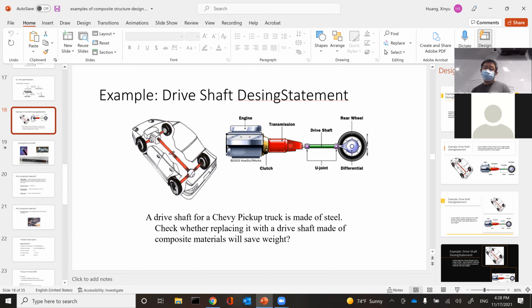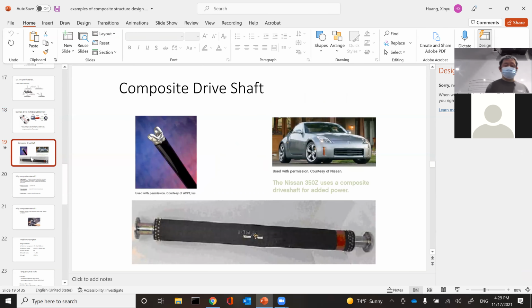Metal drive shafts are universal. Most cars and trucks, especially those with four-wheel drive or rear-wheel drive, have a drive shaft going to the back wheels. Those are pretty long and pretty heavy, usually made of a steel pipe. But there is an alternative.